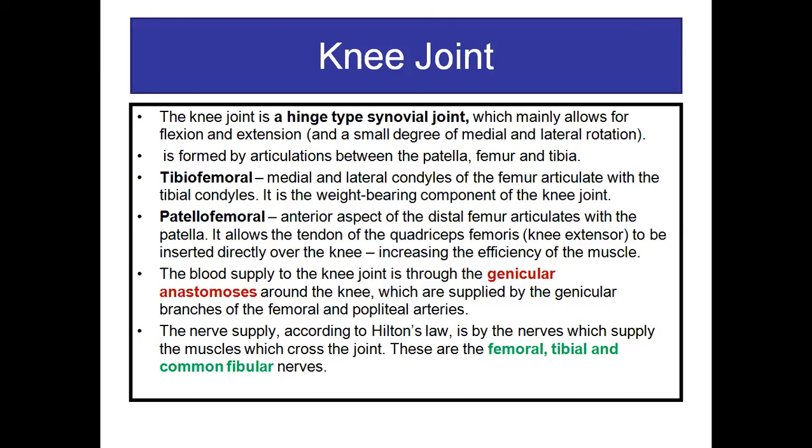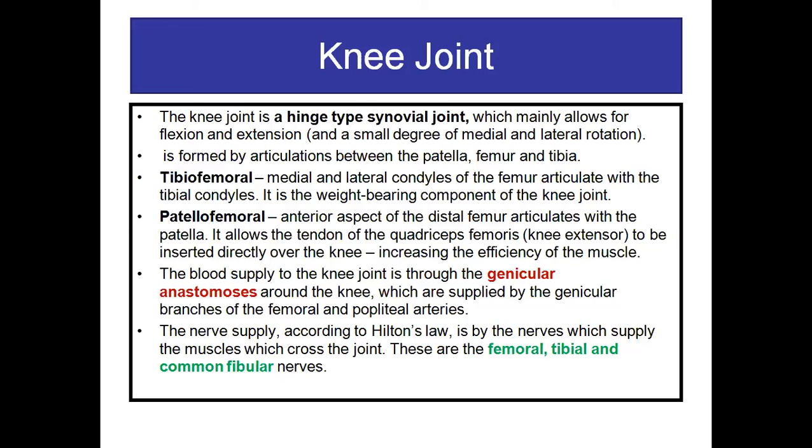The knee joint is a hinge synovial joint between articular surfaces: two condyles of the femur, two condyles of the tibia inferiorly, and the patella anteriorly. Here there is tibiofemoral and patellofemoral.